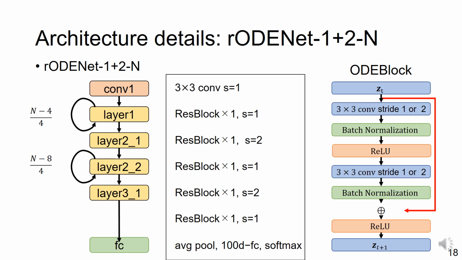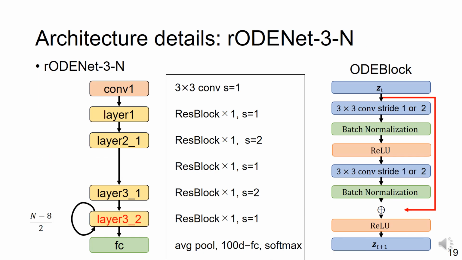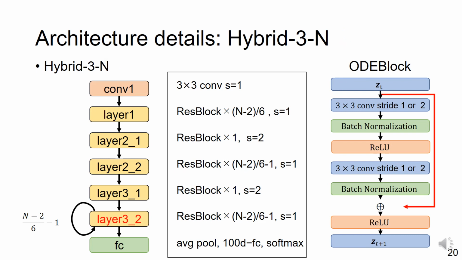Layer 3 is removed from ODENet, and the execution counts of Layer 1 and Layer 2 are increased instead. rODENet-3 is an architecture that removes Layer 1 and Layer 2. Instead, the execution count of Layer 3 is increased. Hybrid-3 is the same as ResNet except for Layer 3. Specifically, Layer 3 is replaced with ODE blocks.